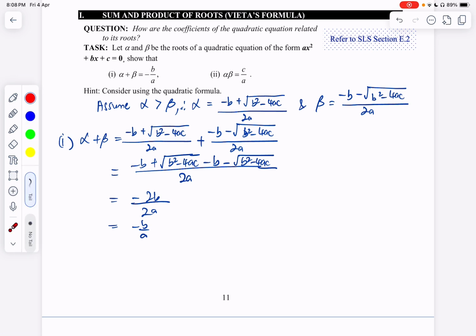What I have done now is write out the left hand side of the equation, because I'm required to show that alpha plus beta is this. So I'm going to work towards getting the right hand side.